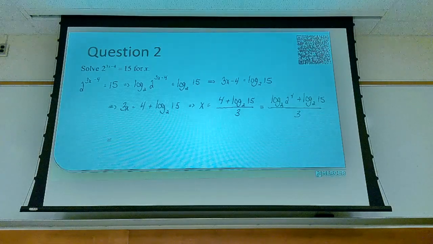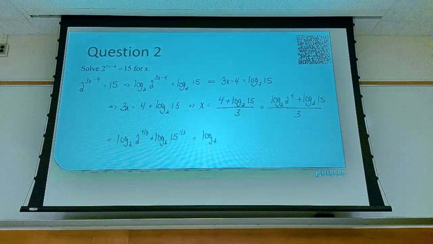Remember, it's a power. Then the sum law, log of the product, and then simplify it.